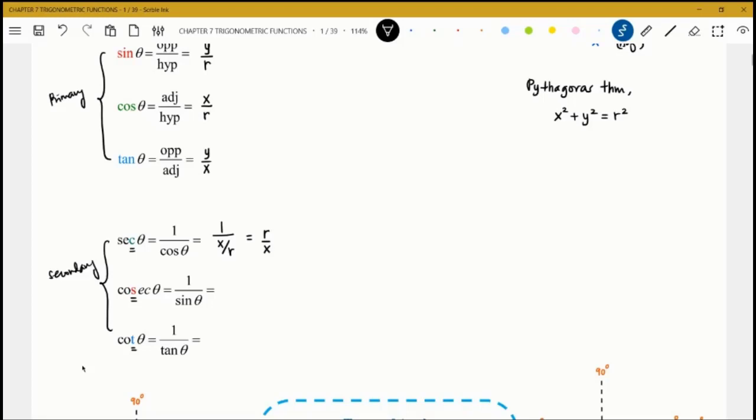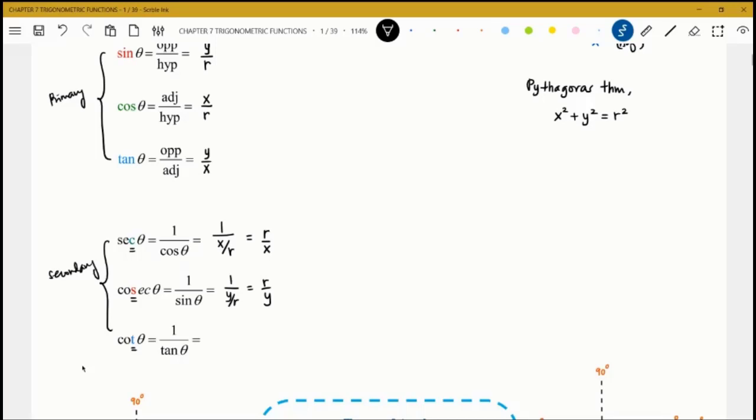And then for the cosecant, the third letter adalah S. So 1 over sine will be 1 over Y over R. So we're going to have R over Y. And then for cotangent theta, the third letter adalah T, it's going to be 1 over tangent.